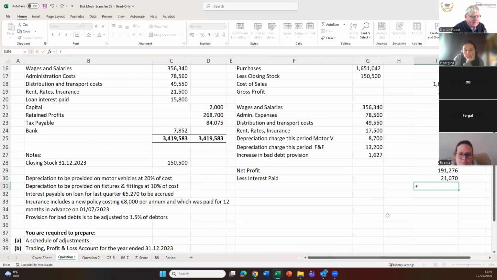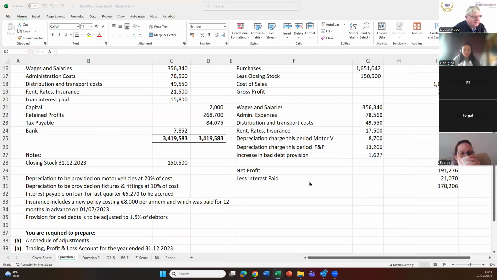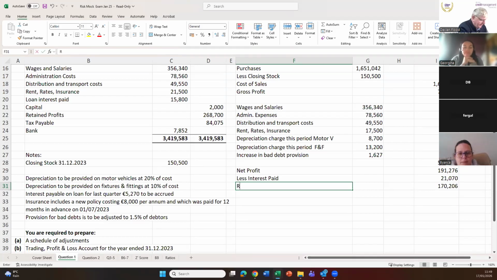And then if we take our net profit minus our interest paid, that 170,206 is, you can call that net profit before tax, or you can call it retained earnings, or whatever you want to do. So that is that.